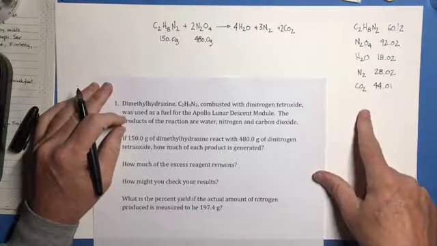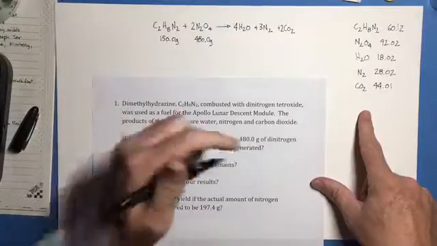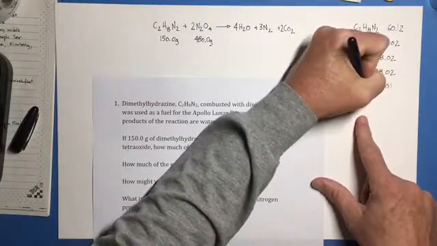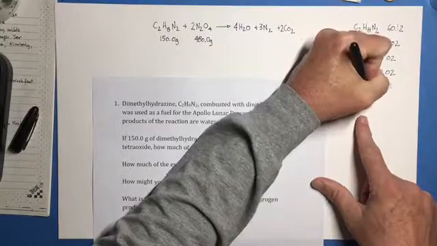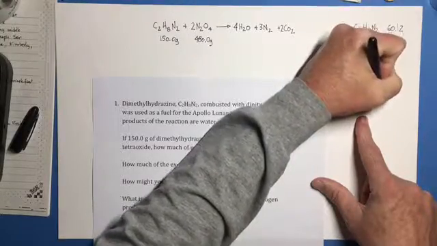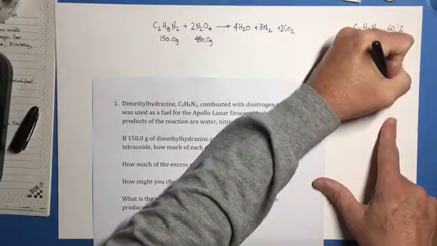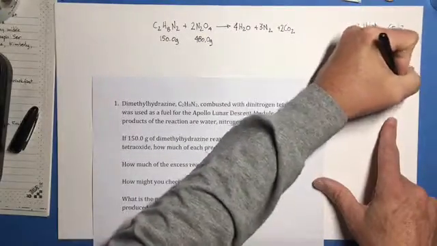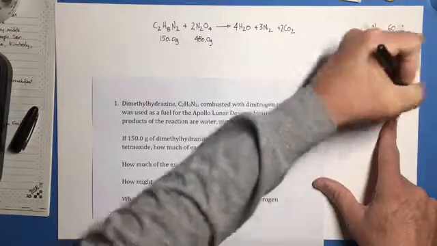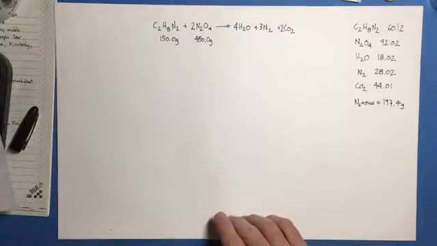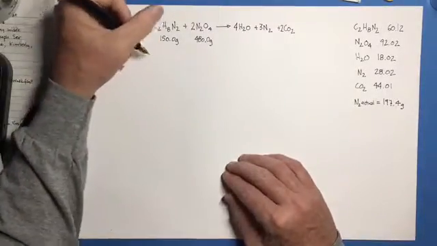I'm going to jot that down here. It tells us that the actual amount of nitrogen, so that means N2 actual, is equal to 197.4 grams. All right, so let's set this aside then and get to our stoichiometry in.